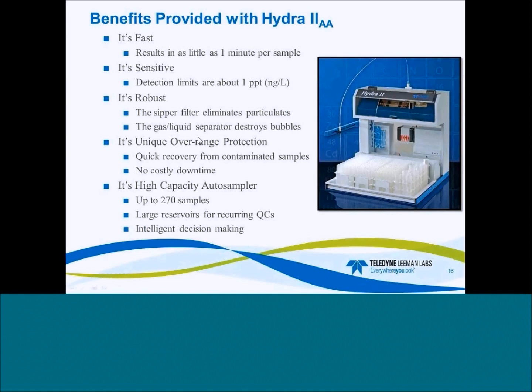We also offer overrange protection, which will eliminate long cleanups after a high unknown is introduced to the system. And we have a large capacity sampler so that it can handle a lot of samples without an operator being present.